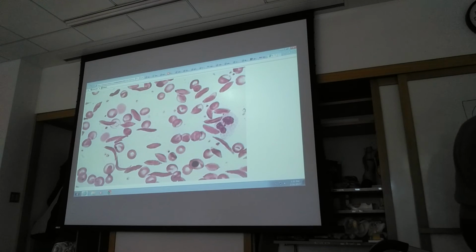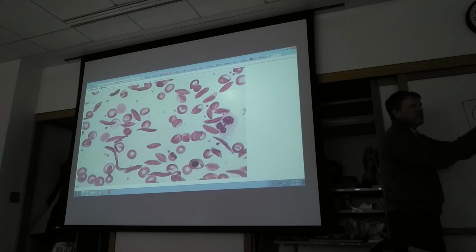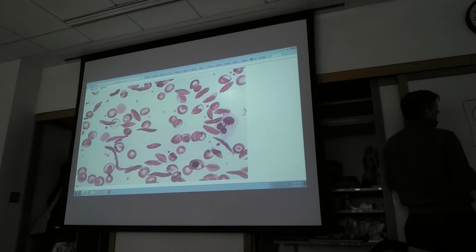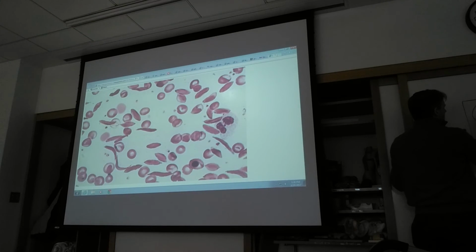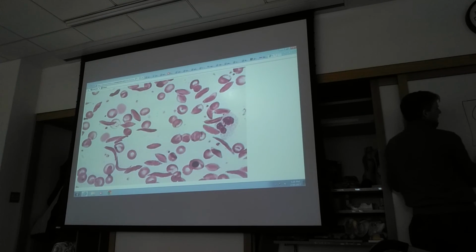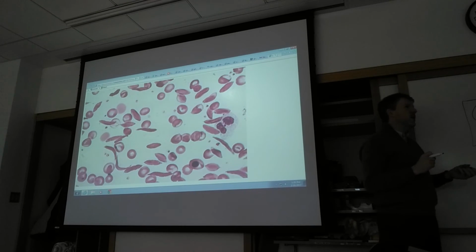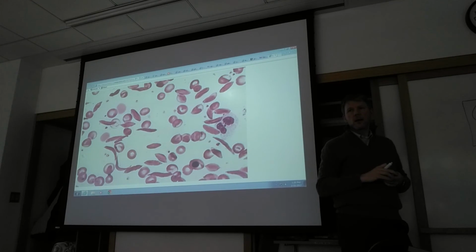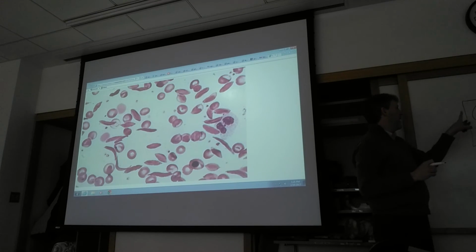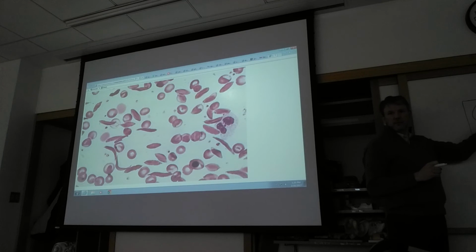So, let me give you some examples. Say you do all your mixing, and you see some clumping here, but you don't see any clumping there, and you don't see any clumping there. Does anyone know what blood type that would be? That would be A negative, okay?